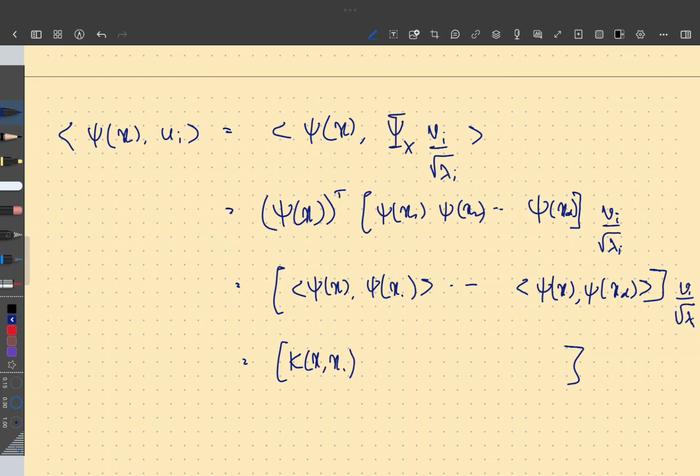That is k of x x1, k of x x2, up to k of x xd, times vi by root lambda i.